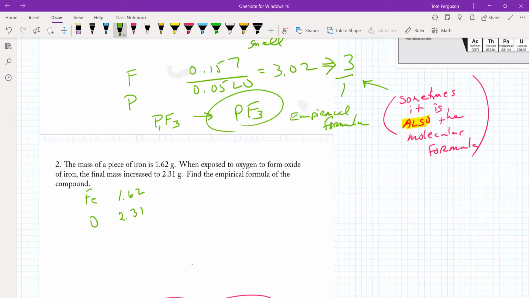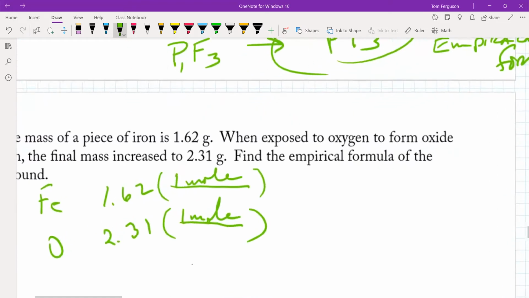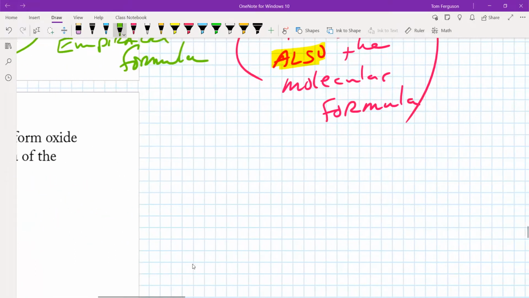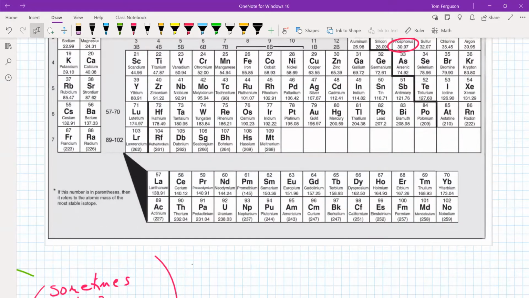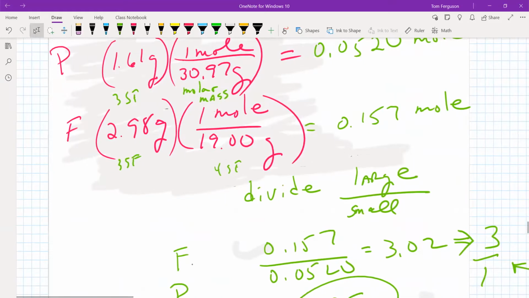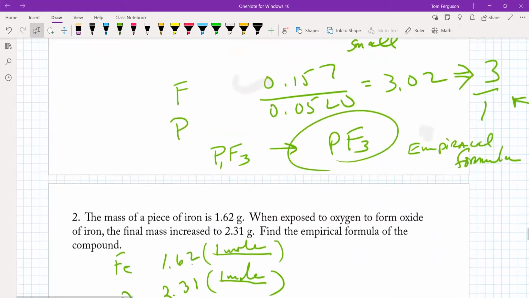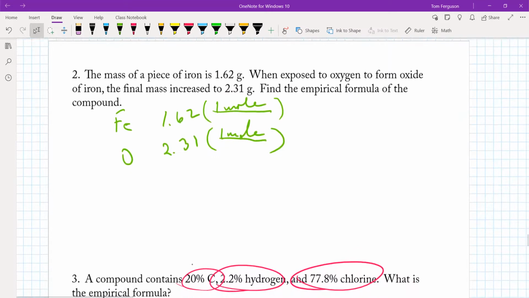And molar mass. Okay, we have iron and oxygen. Iron is 55.85. Oxygen is 16. So again, step number one is calculate moles.